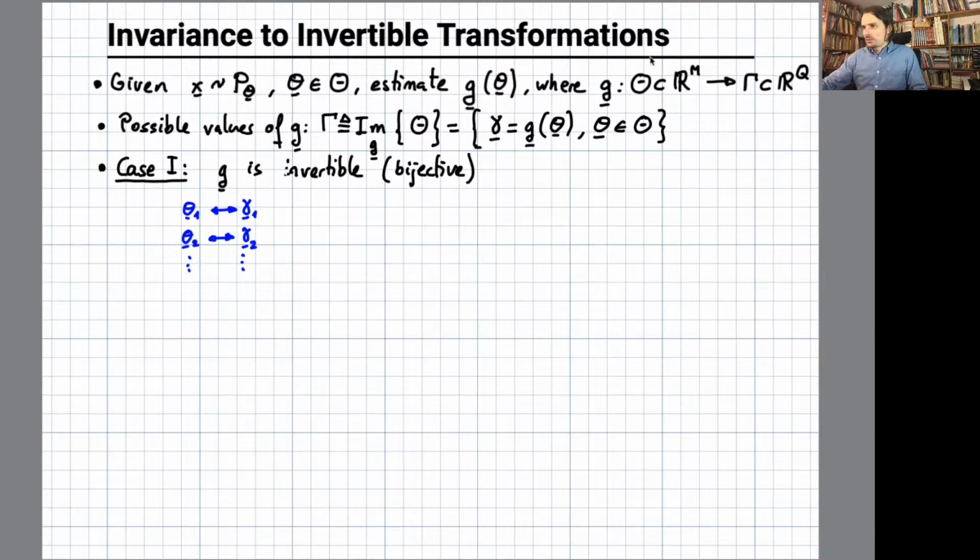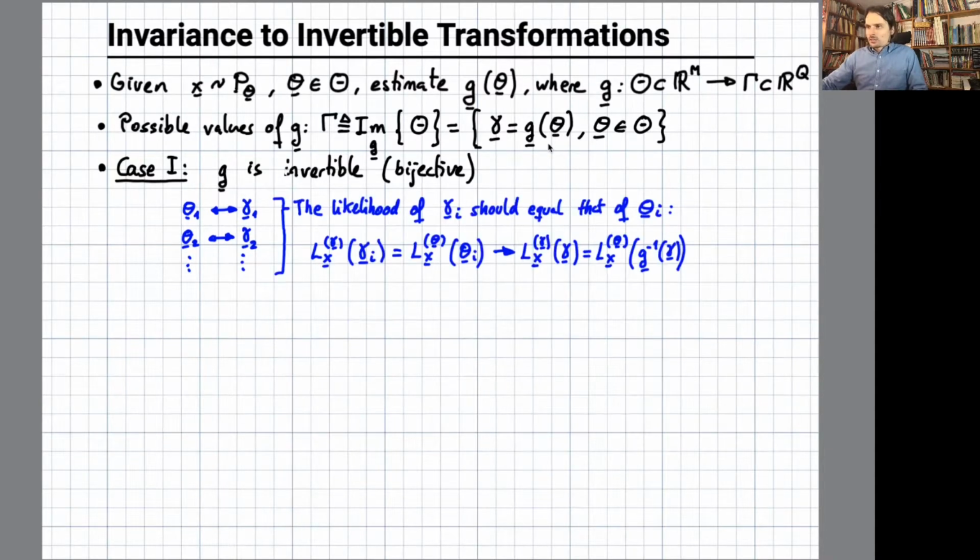It is called invertible because if we are given the value of g of theta, we can compute the value of theta that gave rise to it, okay?